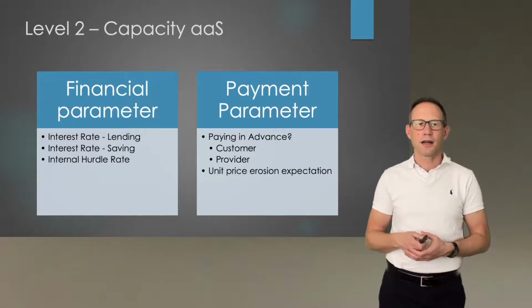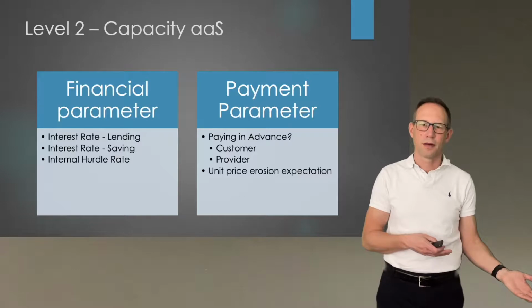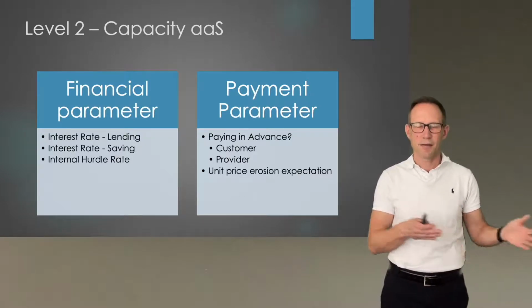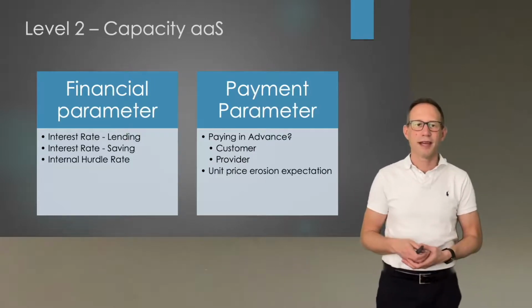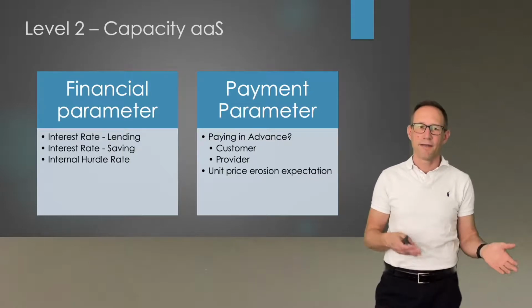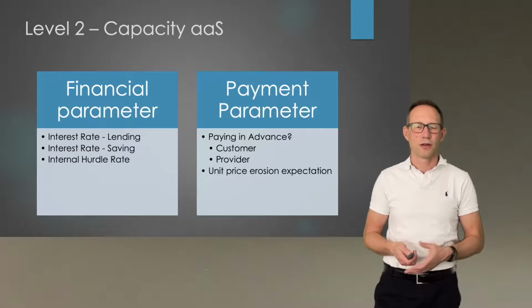Like, is the customer paying in advance or after a quarter? You see, it's 3 months difference between getting the money. This makes a difference because you have to pay interest for this time. Is a provider paying in advance or after the quarter? And what unit price erosion do we expect?